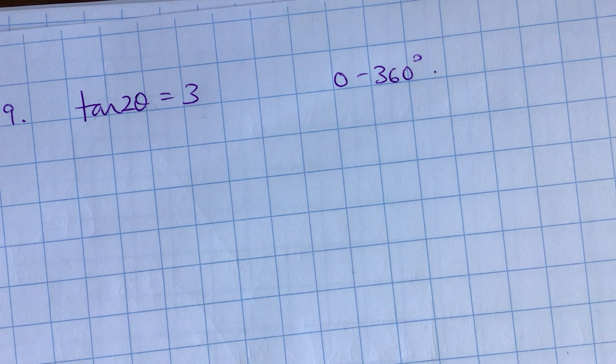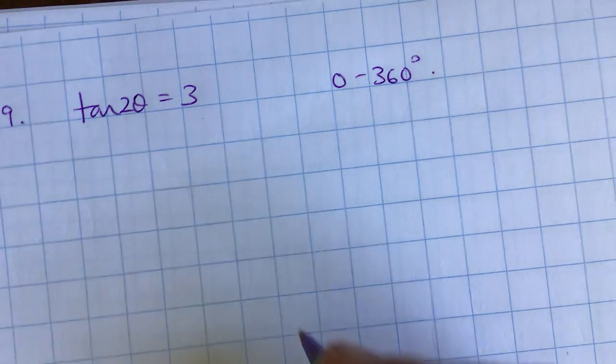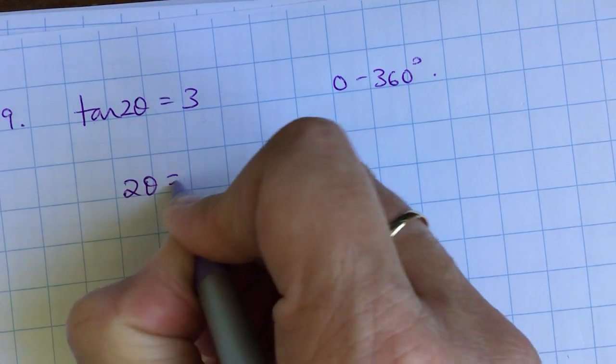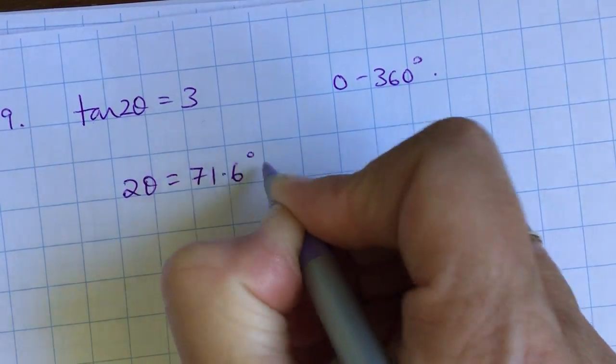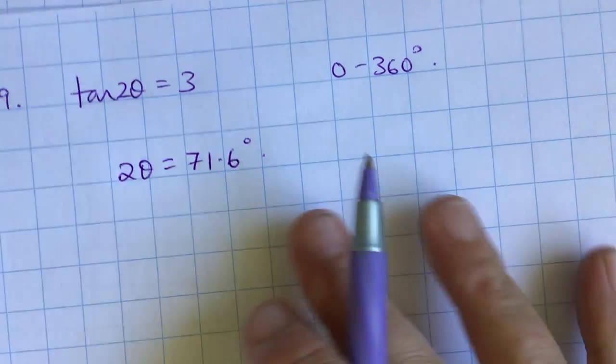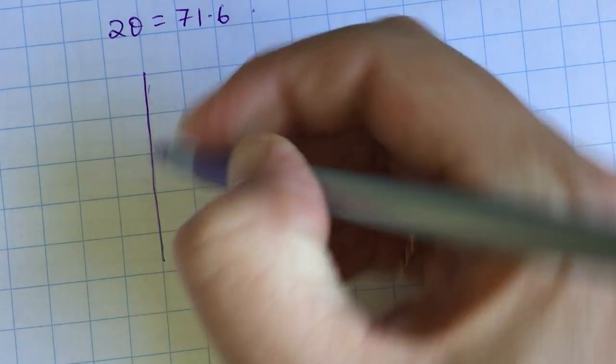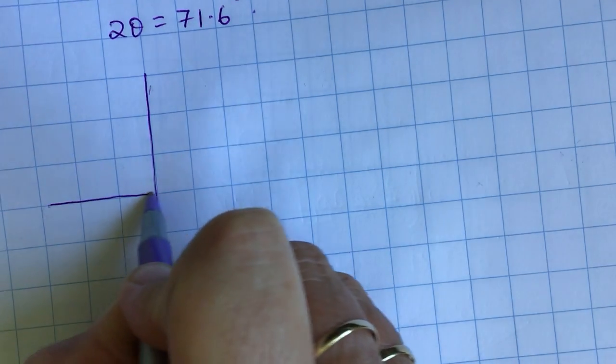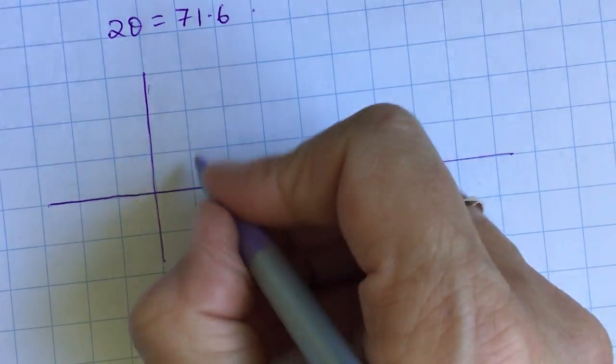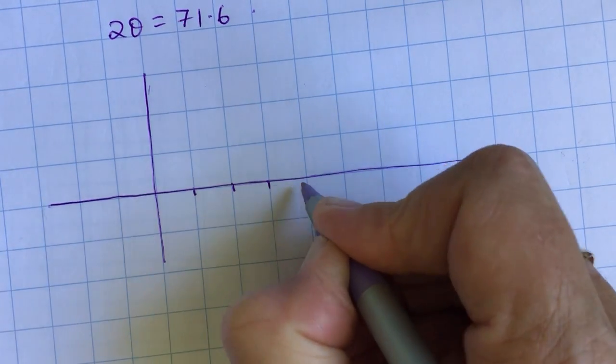Okay, so inverse tan of 3, and I get the answer 71.6 degrees. So 2 theta has to equal 71.6 degrees. So if I now draw my graph of tan, okay, let's just do this as reasonably quickly. With tan, you do need to be quite neat.